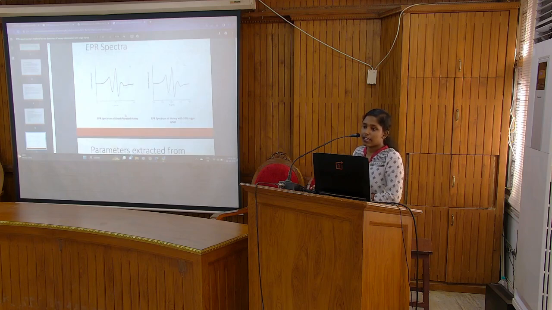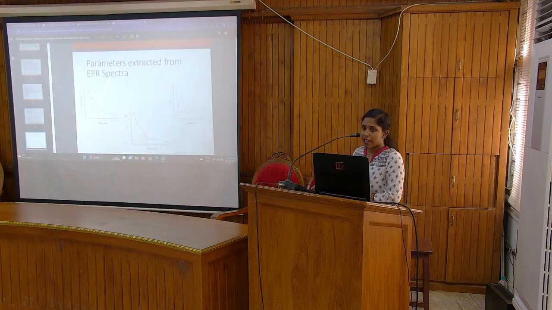The graph to the left is the EPR spectrum of the unadulterated honey, and that to the right is the EPR spectrum of honey that is adulterated with 10% of sugar syrup. Various parameters have been obtained from the EPR spectrum.